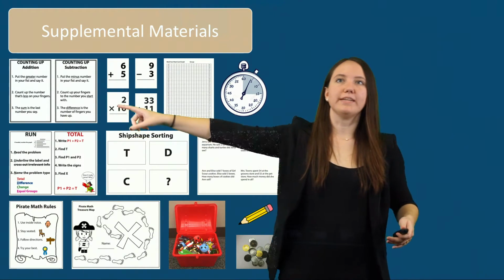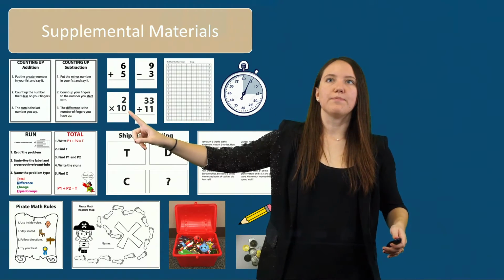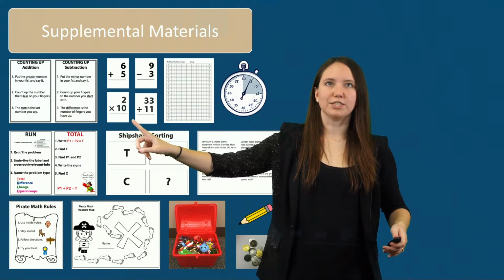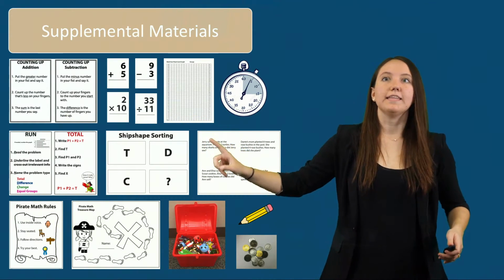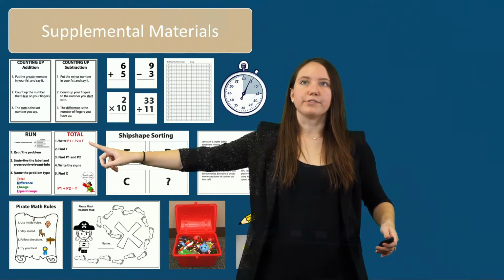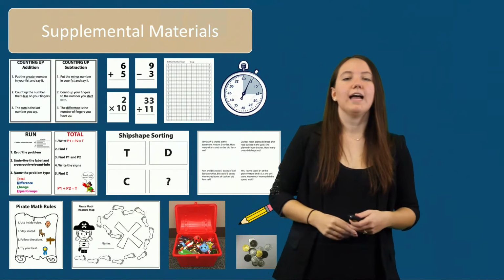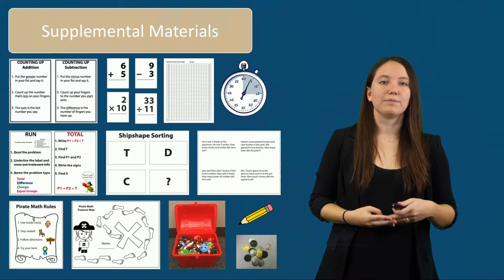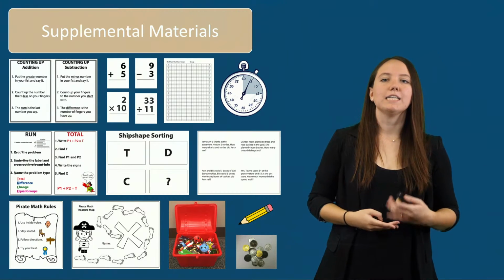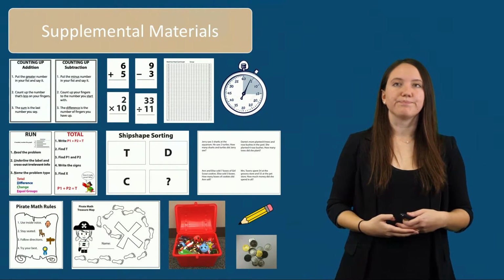We see the counting up, addition, and subtraction poster, the addition, subtraction, multiplication, and division math fact flashcards, as well as the math fact flashcard graph, the run attack strategy and schema poster. We see the total schema poster, and the difference, change, and equal groups poster are also provided in the supplemental materials, though they're not pictured here, as well as the what do you ask yourself poster.